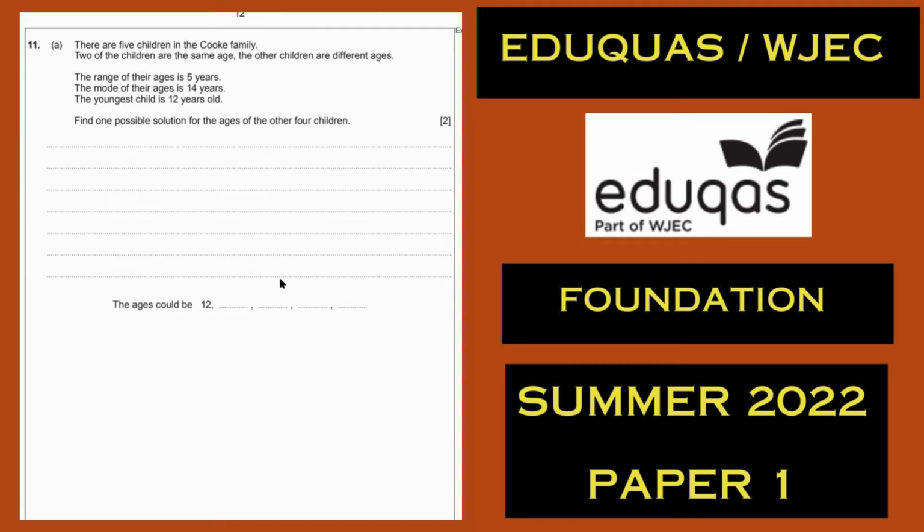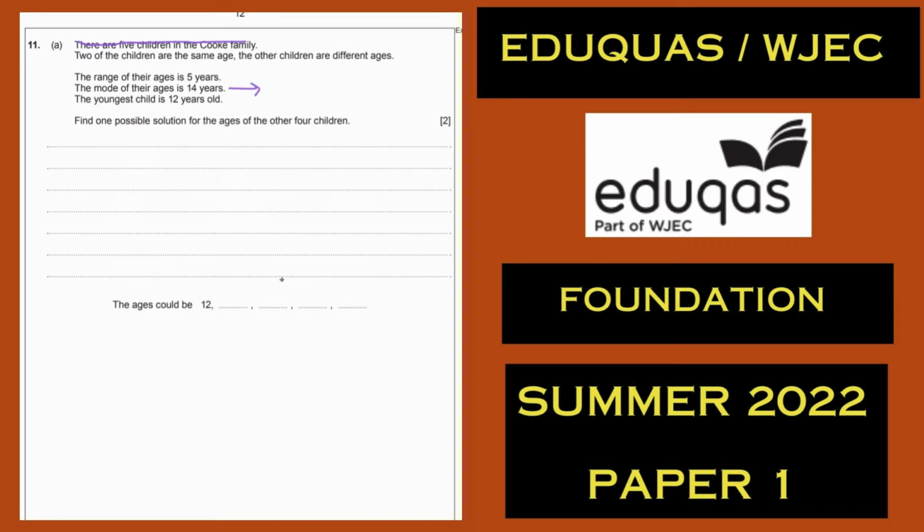Number 14, the old mean, median, mode, range, averages, wordy as heck question. There are 5 children in the family. That's signified, so doesn't tell us anything new. 2 of the children are the same, the others different. So we haven't got 3 the same, we've got 2 the same. And now the middle line comes into play.